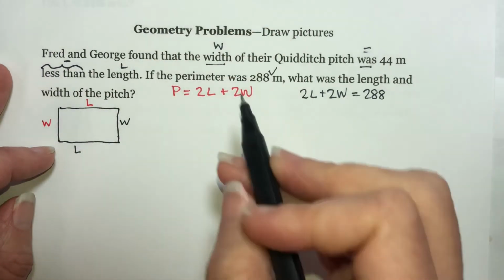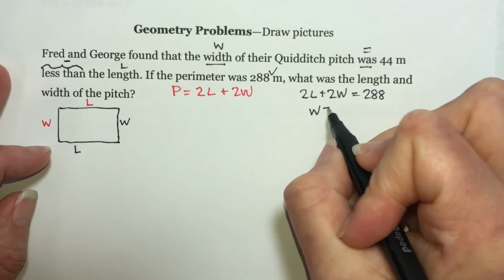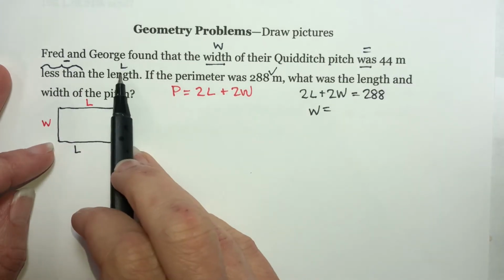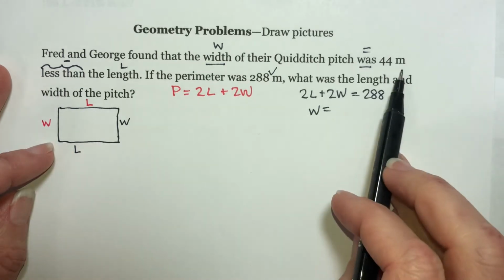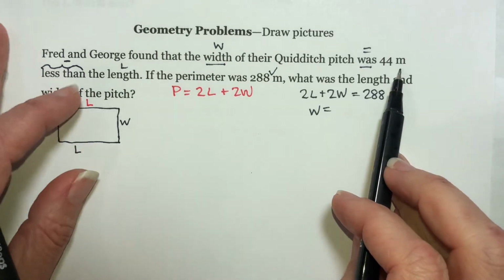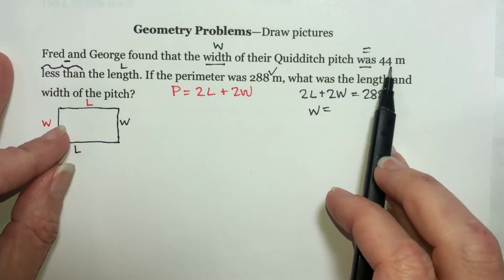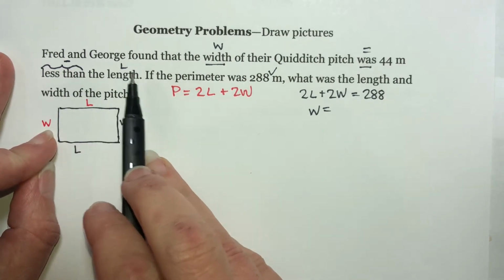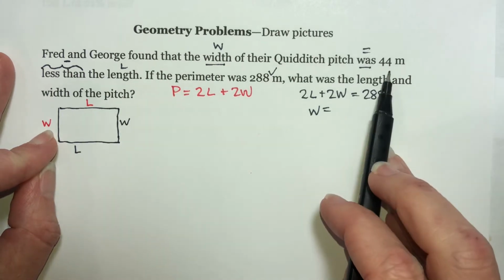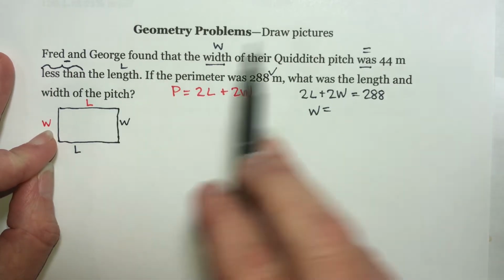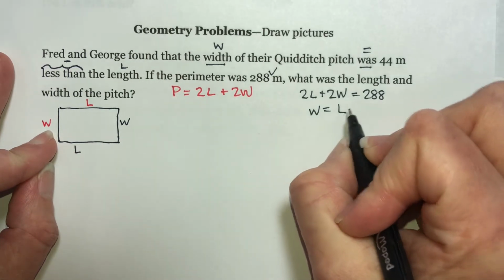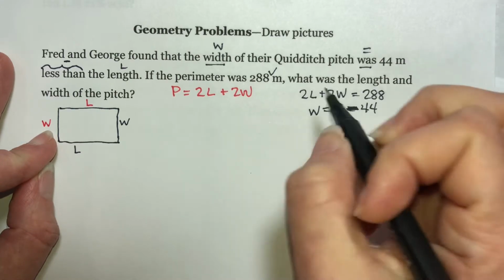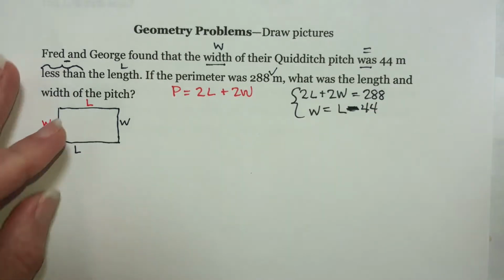So the width is either 44 minus L or it's L minus 44. I make $44 less than you. To find out how much I make, I would take what you make and subtract 44, right? So I take the length and subtract 44. Length minus 44. So this is the system I need to solve.